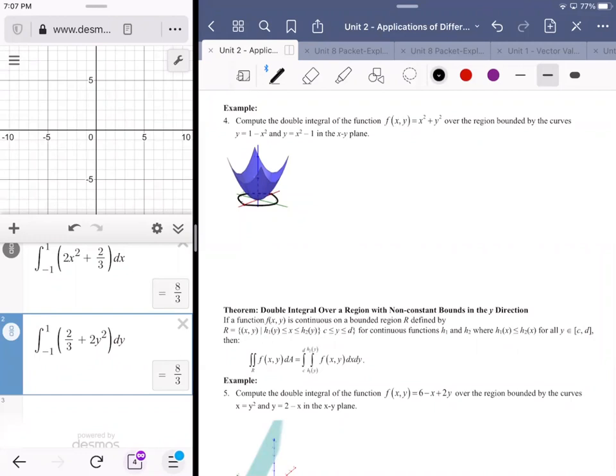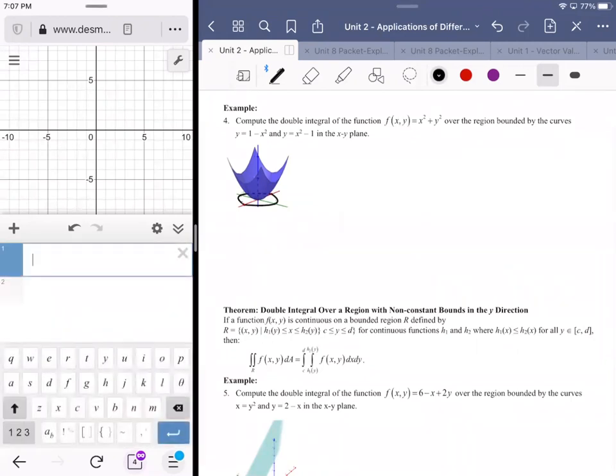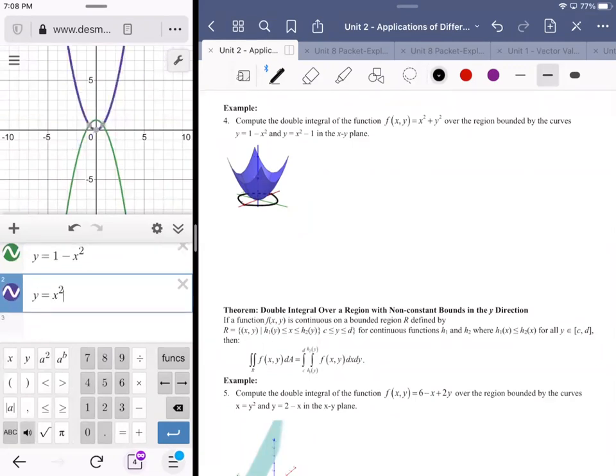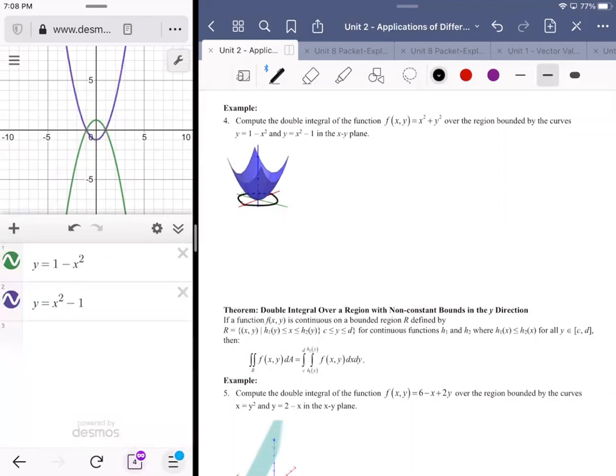All right, so the first thing I'm going to do is actually draw those two quadratic functions. Now, I already have the diagram there.